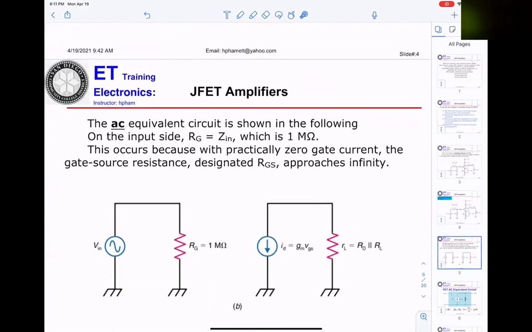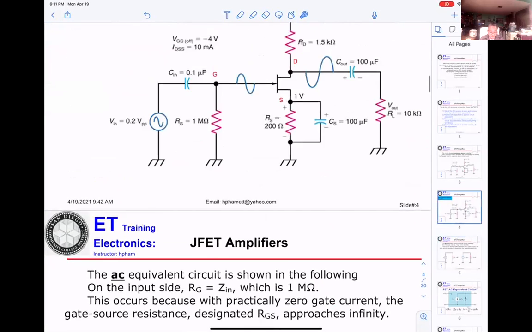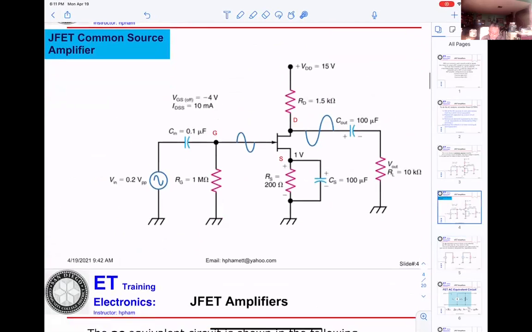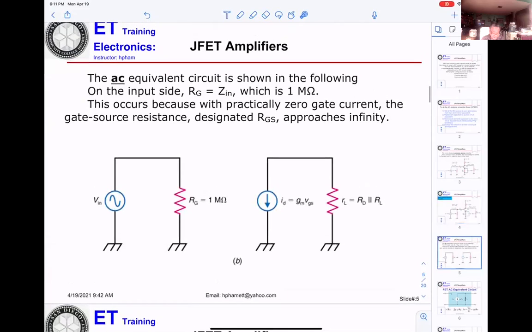No problem. AC equivalent: now they're converting to AC. So basically you can see the source right here connected to the 1 megaohm resistor. Here you don't see any capacitor, because the capacitor is like a wire, like the wire here. That's one side.